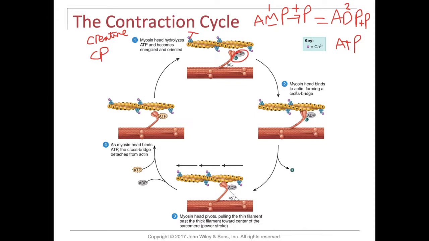Okay, so now look what happens between step 1 and step 2. Now they bind. There's a cross bridge that forms. Now we can see the myosin head attaching to the binding sites. Now look what happens to this ADP and P right here. Something is starting to happen with that phosphate, but look at the myosin head.